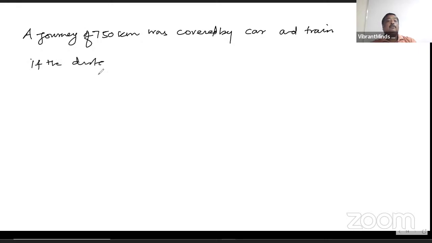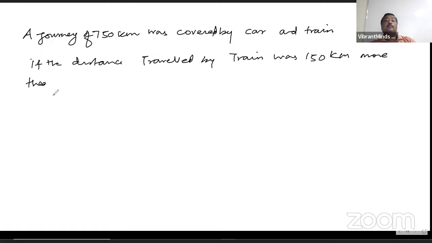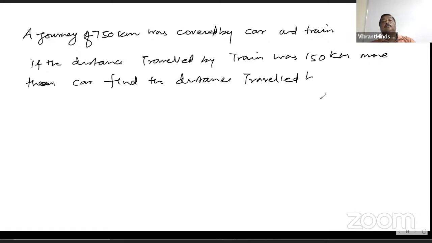If the distance traveled by train was 150 kilometers more than car, find the distance traveled by each. Now see how to go for it.